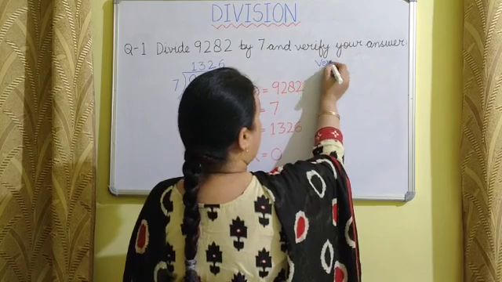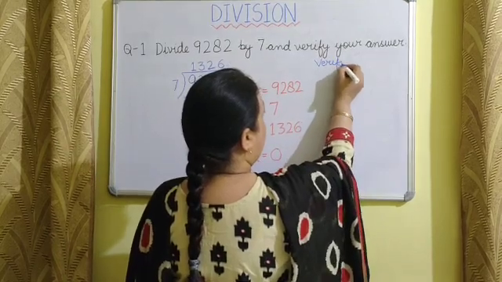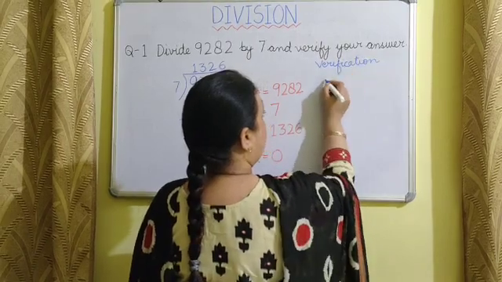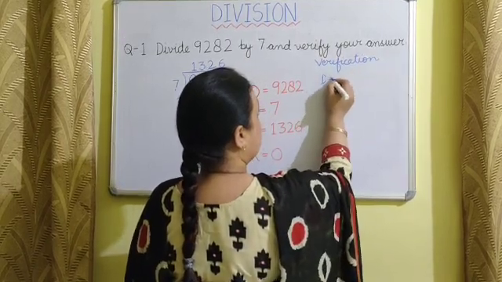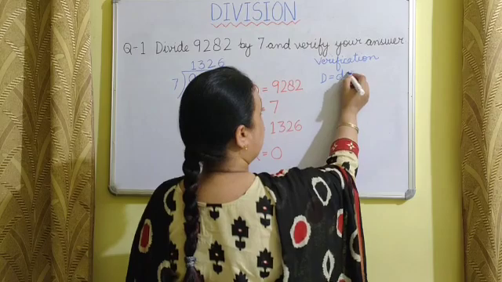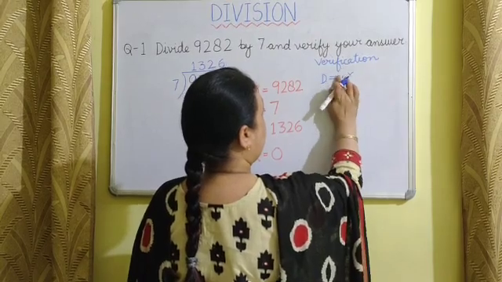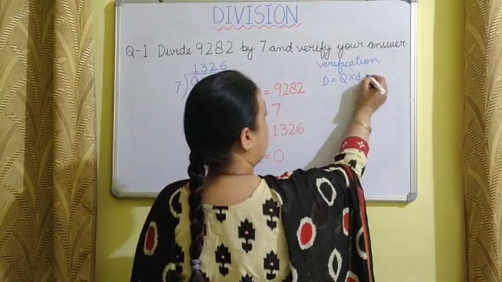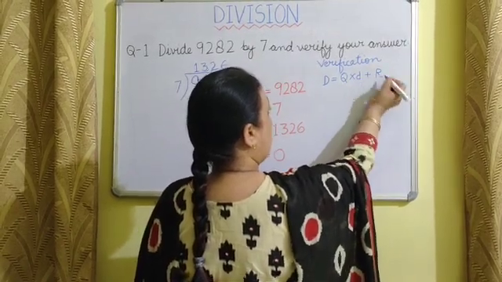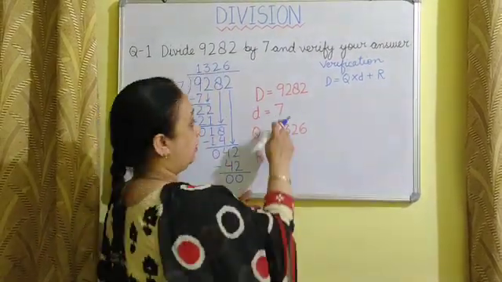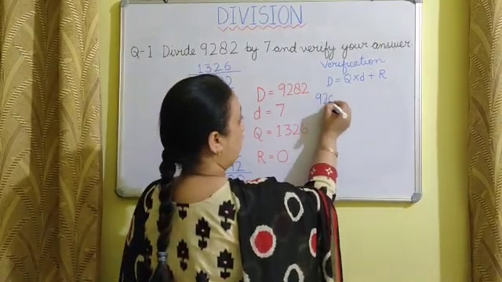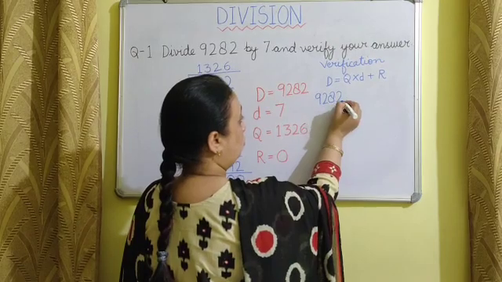Now we know the formula for verification. Here we are going to do the verification. The formula we know is capital D is equal to Q multiplied by small d plus R. The capital D we know is 9282.